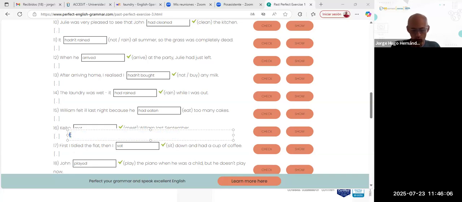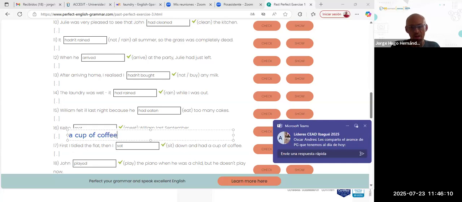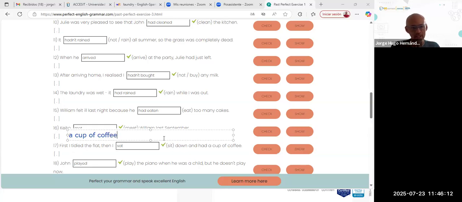And here, when we say a cup of coffee in English, as I have said too many times, it's very common that you can find something like this, "cuppa."